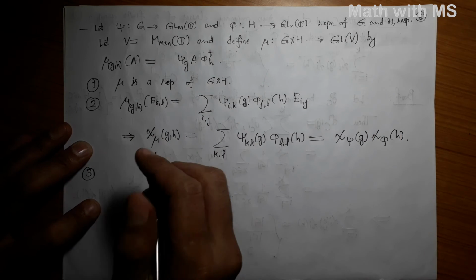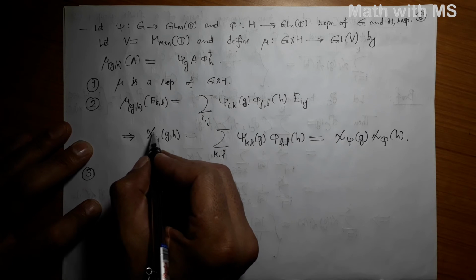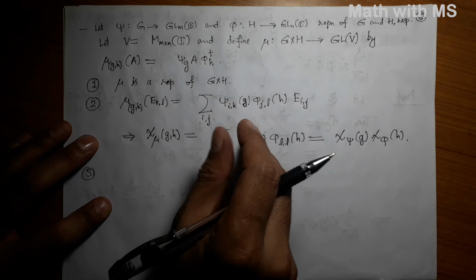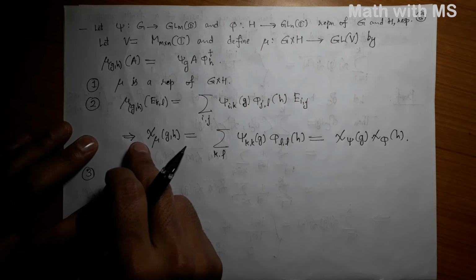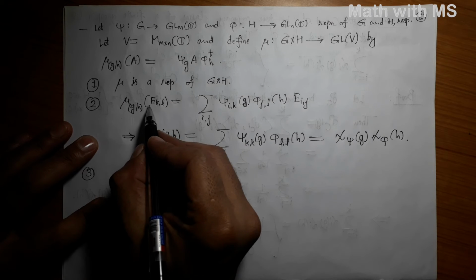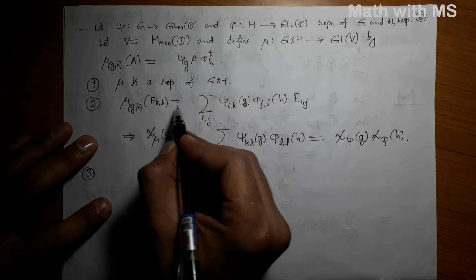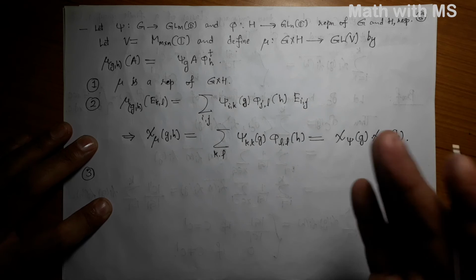Now from this one can easily compute the character of the representation mu as follows. So chi mu of gh is the sum of the diagonal entries of the matrix mu of gh. But how do you find the diagonal entries? When you are evaluating it on a basis element EKL, just find the coefficient of EKL and then add all such coefficients running over k and l.